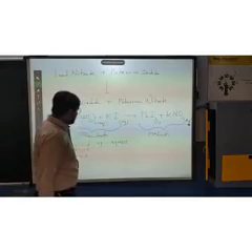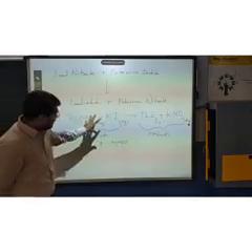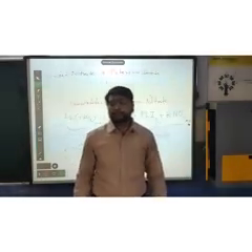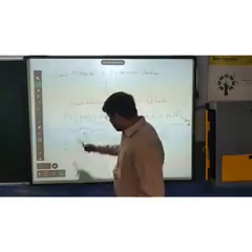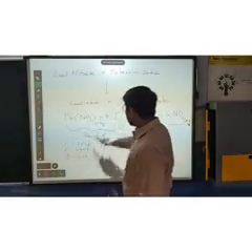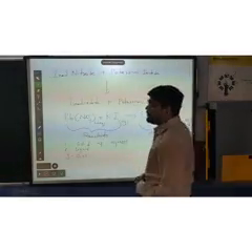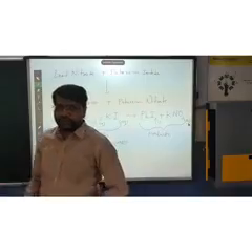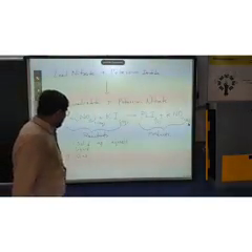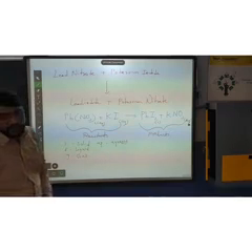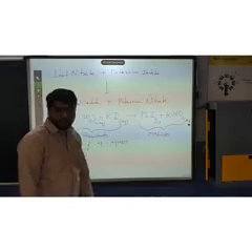The substances on the left side of the arrow are reactants, and the substances on the right side of the arrow are products. And the abbreviations are very, very important. The abbreviation shows the state of a substance.